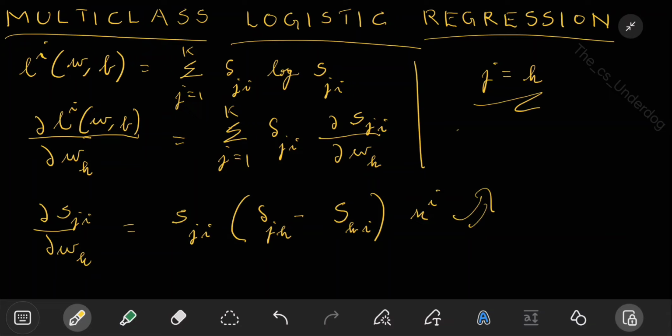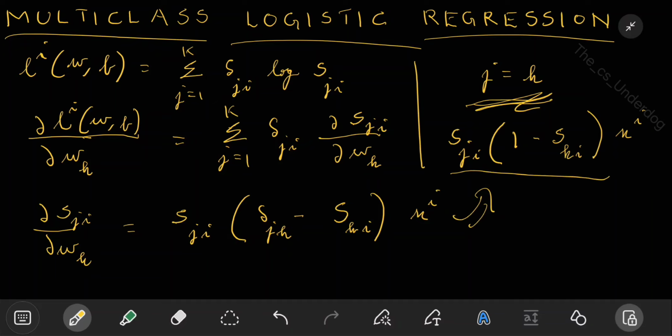This will become Sji into 1 minus Ski into xi. Remember, this is the case when j is equal to k, so Sji and Ski will be one and the same. This is what you get.